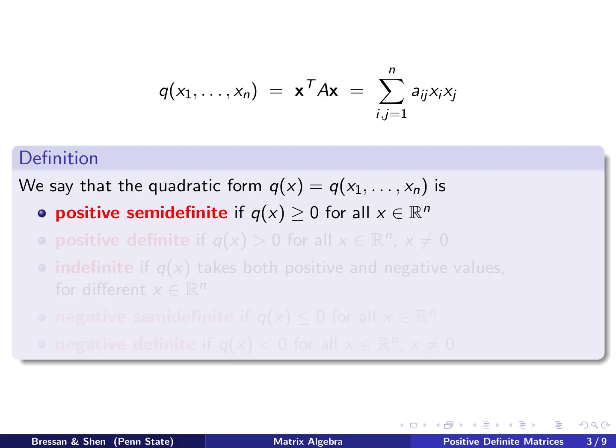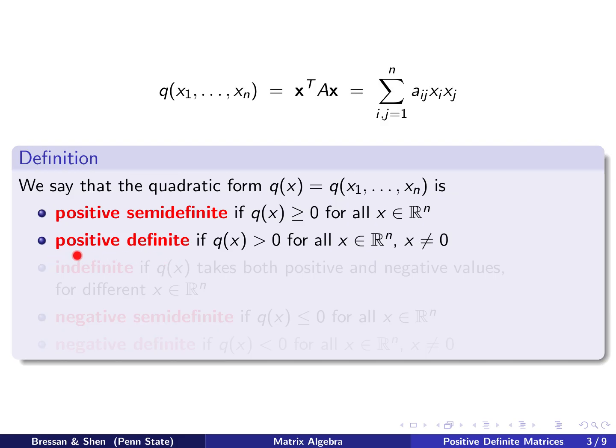Let's go through the first one. We call the quadratic form Q positive semi-definite if Q of x is bigger than or equal to 0 for all x in Rn. Now if we change the bigger than or equal sign to strictly bigger than 0, then this is called positive definite.